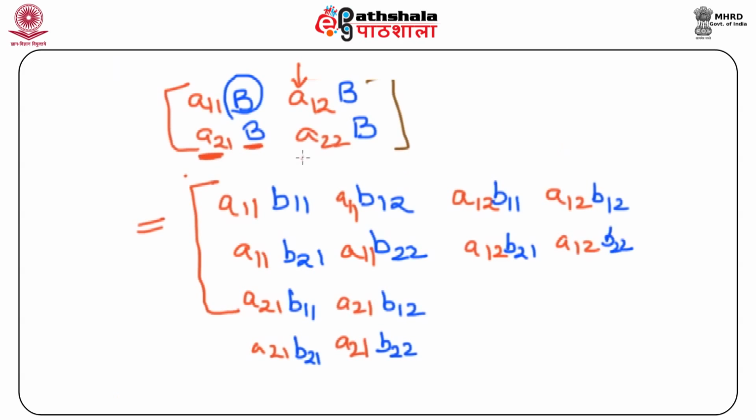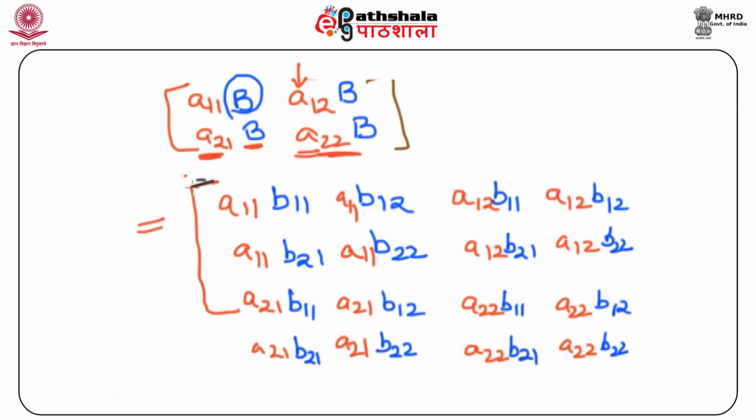And now I think it's very obvious how we'll be expanding this term, that is A22 into the matrix B. We write A22 at these places, and it is being multiplied by B11, B12, B21 and B22.